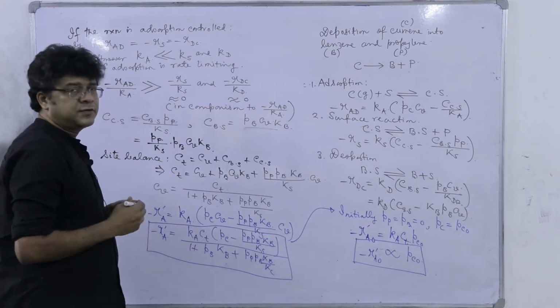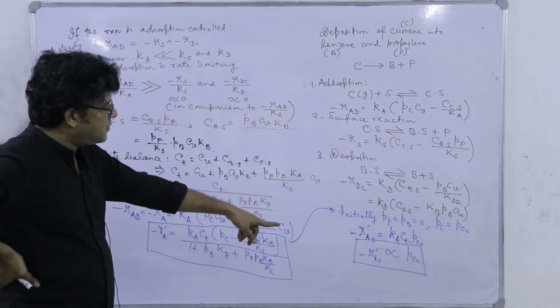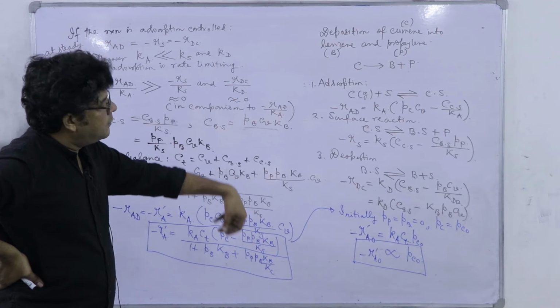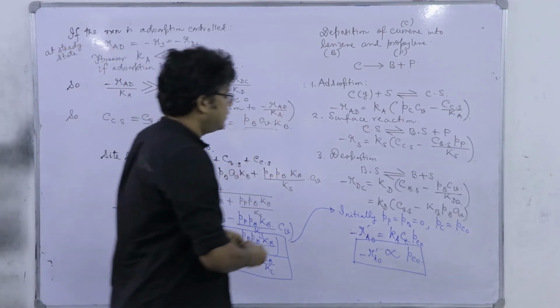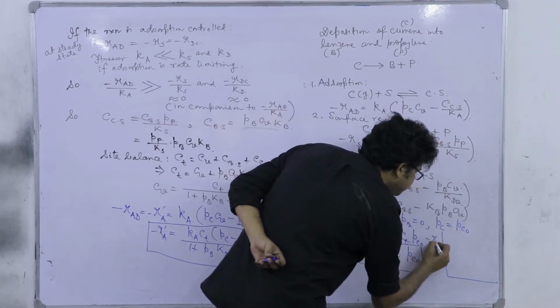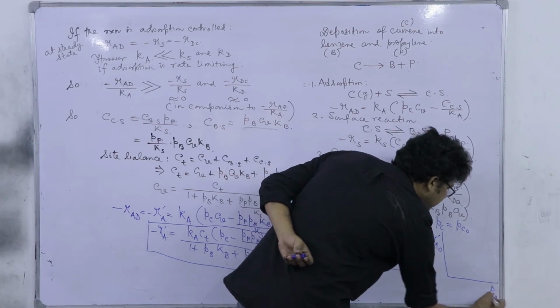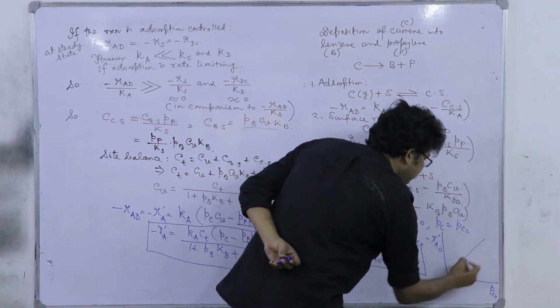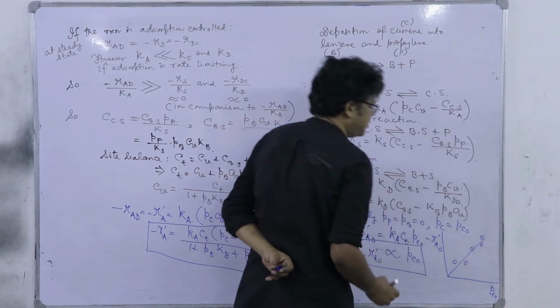So, if adsorption is rate controlled, the initial rate of the reaction will be proportional to the partial pressure of cumene. So, if I plot this initial rate with respect to the partial pressure of cumene, I must get this sort of data, right.